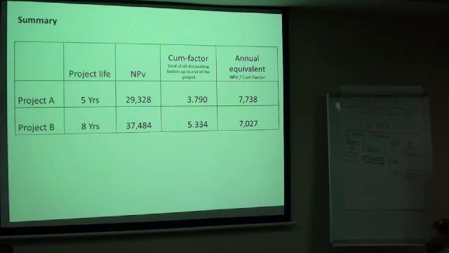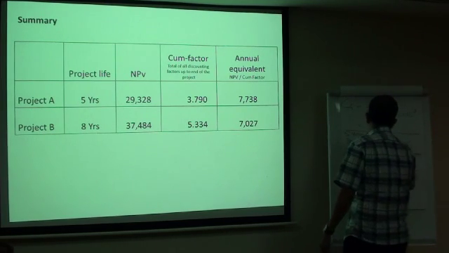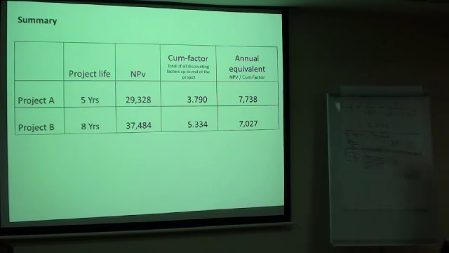And that common factor is 7,027. You can't take this because this is already considered in the NPV. So if you take a common factor of 7,027 multiplied by 5334, you get exactly the 37,484.